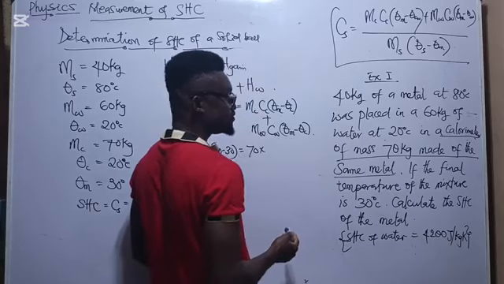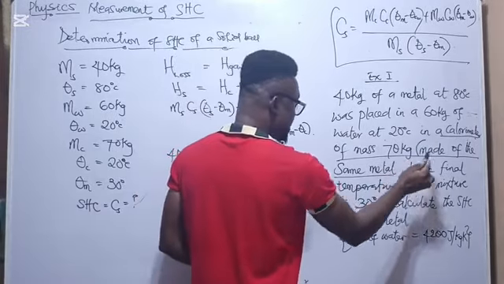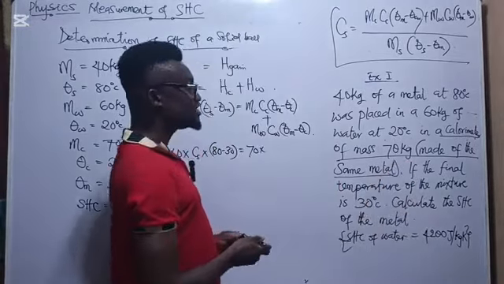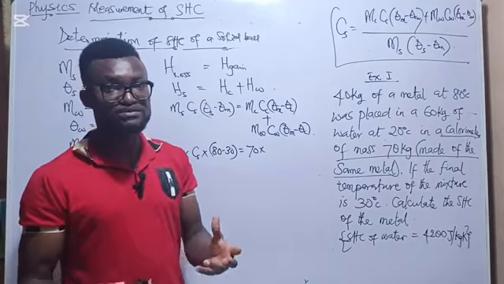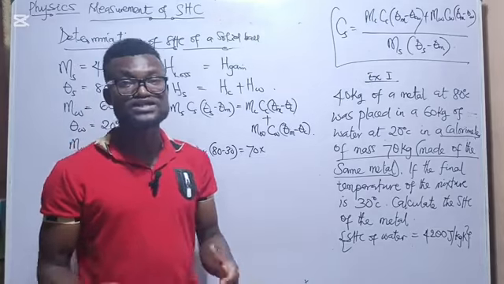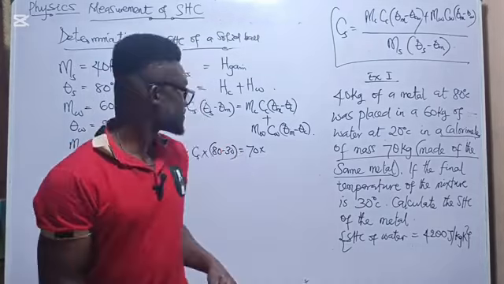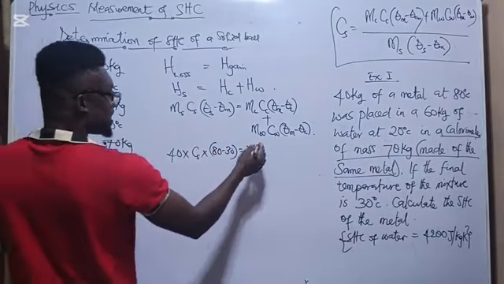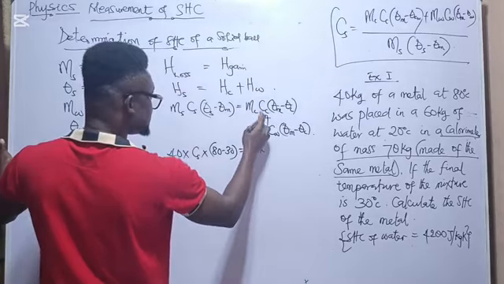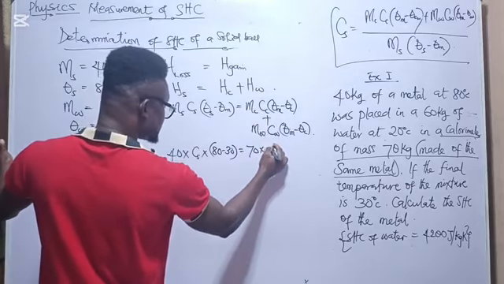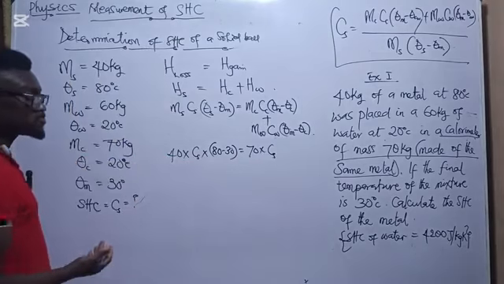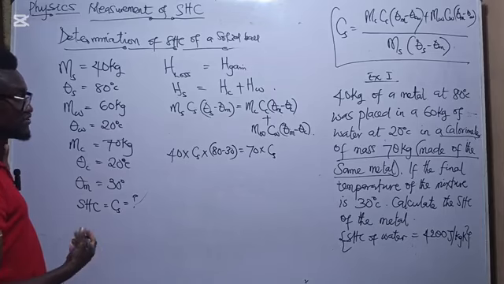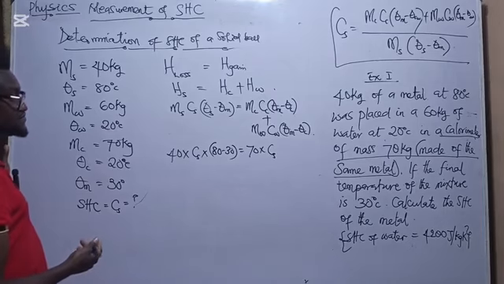Now, I want you to take a reference of this, made of the same metal, which means the calorimeter and the metal both have the same specific heat capacity because they are made from the same source. So in that very case, the specific heat capacity of the calorimeter will now be equal to the specific heat capacity of the solid because both are made of the same material.